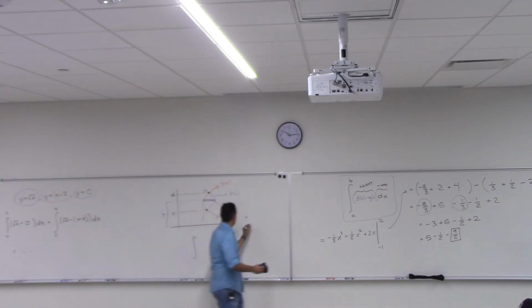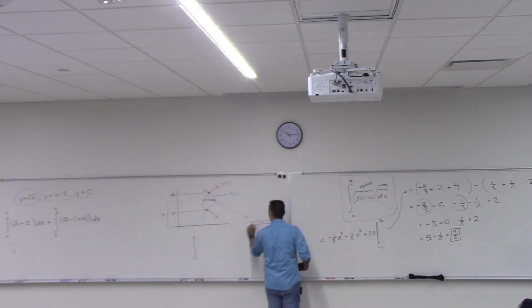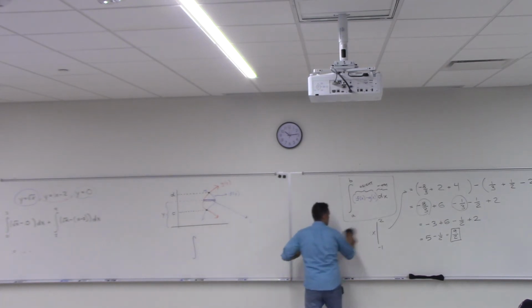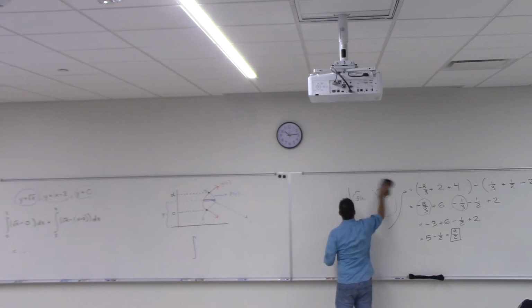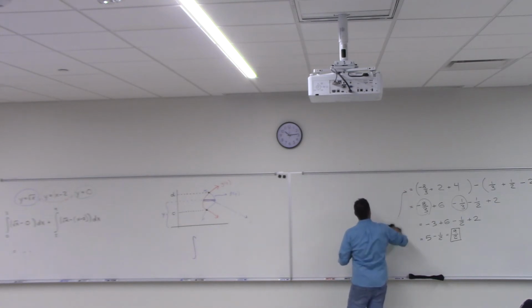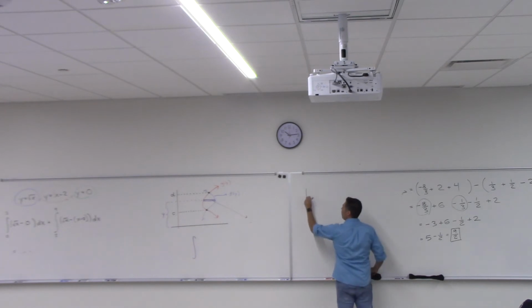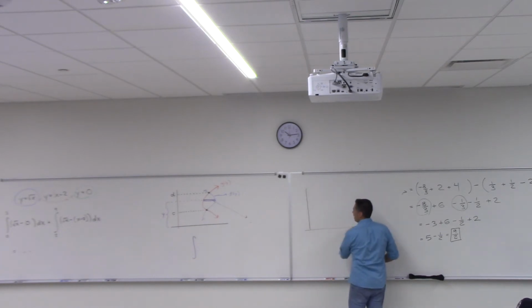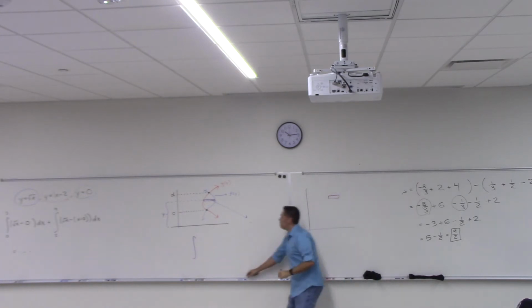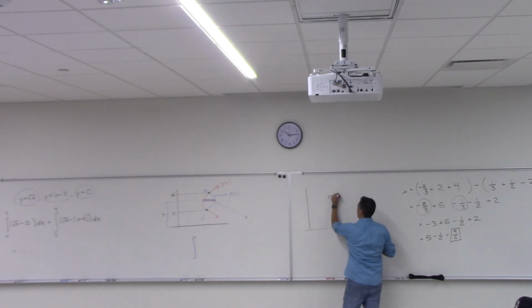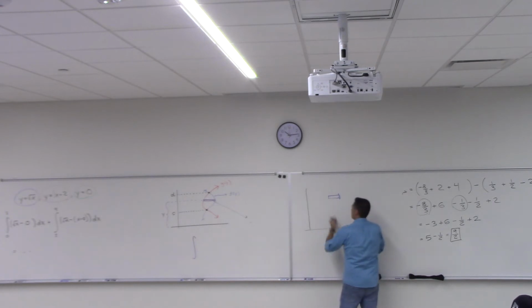So if I draw just that rectangle over here, here's my y-axis, right? Here's my x-axis. Here's my rectangle. The blue curve is on this side. The red curve is on this side, right?